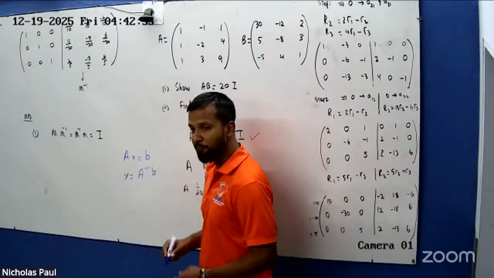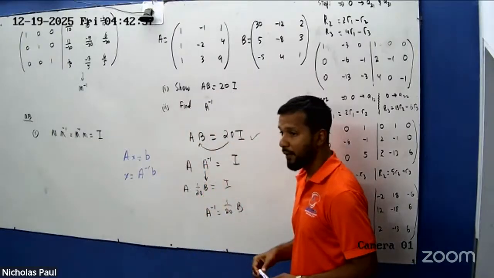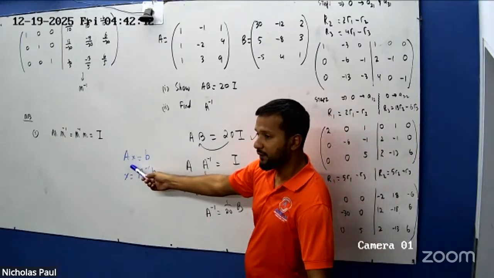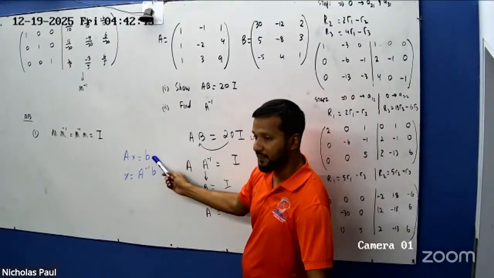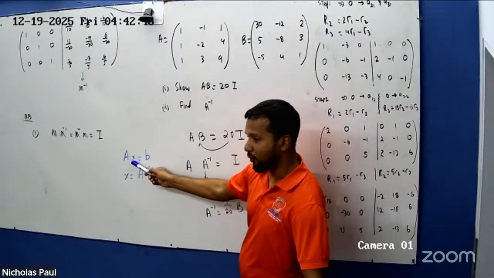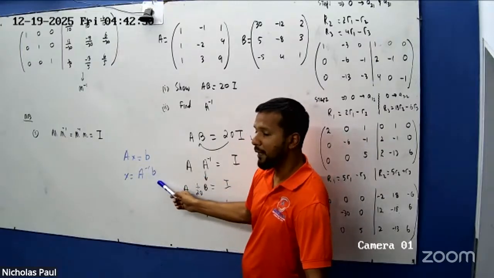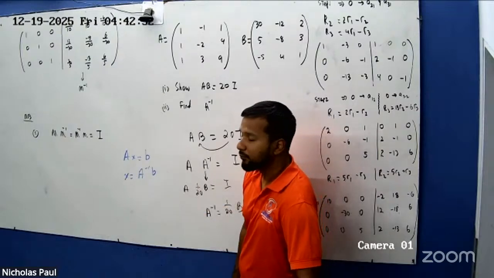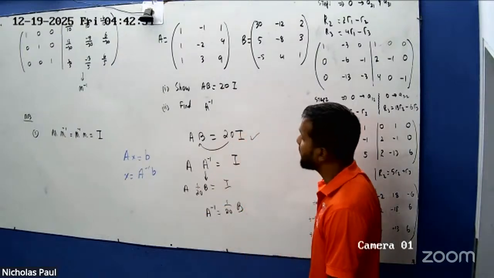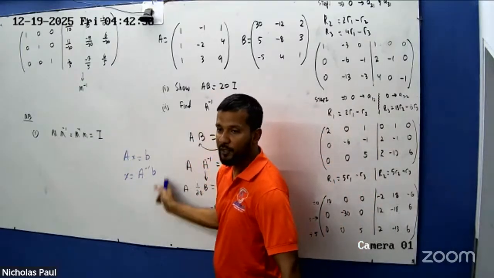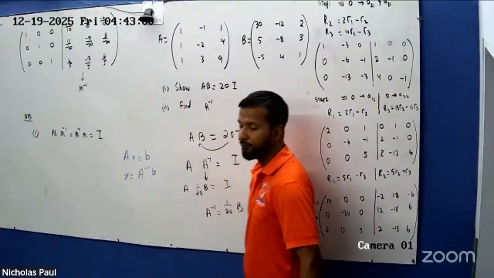So if I give you a matrix equal to something and you write it like this, to get X, all I have to do is find the inverse and multiply by whatever the answer is. So we can use this to solve equations using the matrix method.